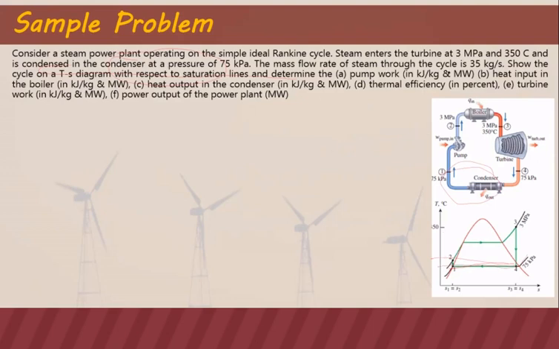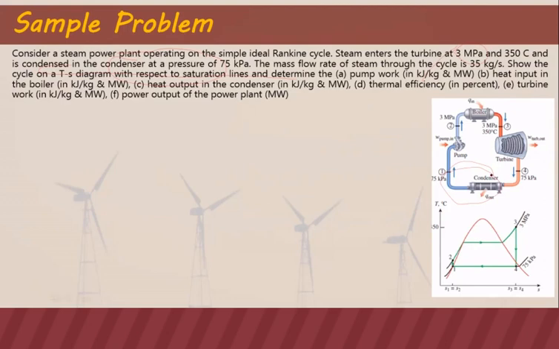Steam enters the turbine at 3 megapascal, so that's why we have this constant pressure line of 3 megapascal. As you can see, we have only 2 operating pressures: 75 kilopascal on the condenser side and 3 megapascal on the boiler side.